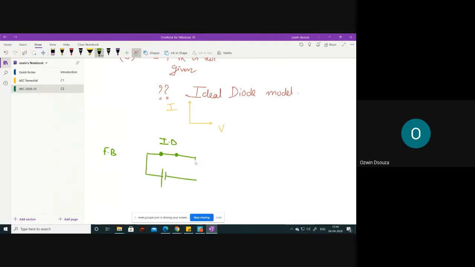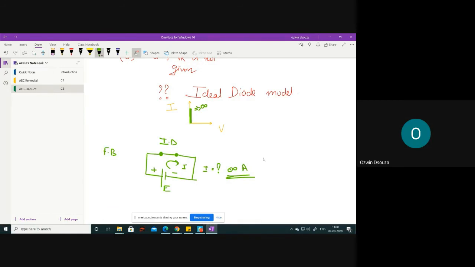You will just have a battery, and this is your circuit current. So what will be the value of I? Infinite amperes, that means very, very large. Since there is no barrier potential, the moment you connect an external voltage, the current almost instantly rises to infinity. So this is your forward bias characteristics.